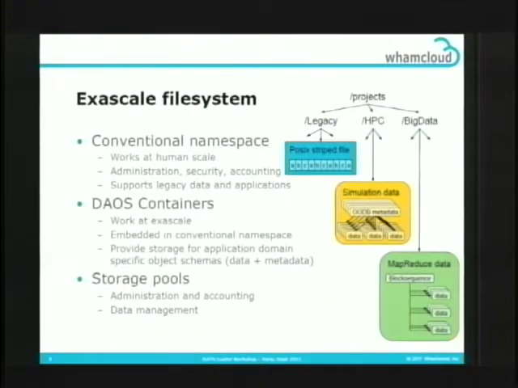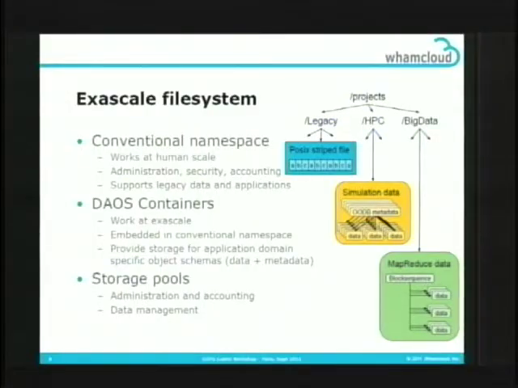The way this works within Lustre is you still have a namespace that's used for legacy applications, and the DAOS containers, which would be a run or an application's data, would sit in that namespace and look as if it was a bundle. So POSIX tools like ls would show just that container of data and not the billions of objects inside. And when the application ran, it would access the objects all in parallel through a different interface than POSIX.